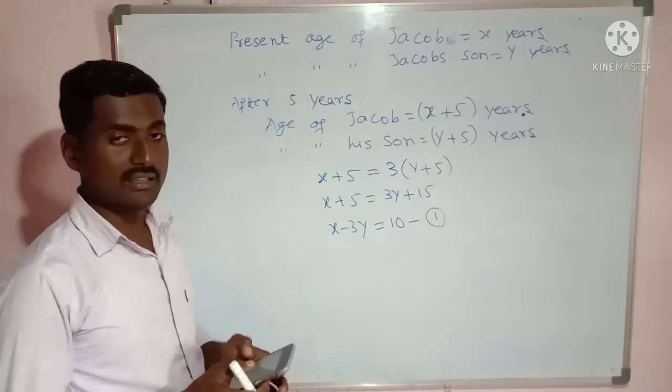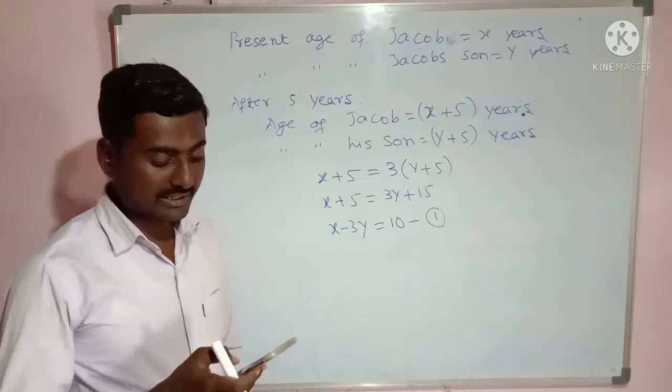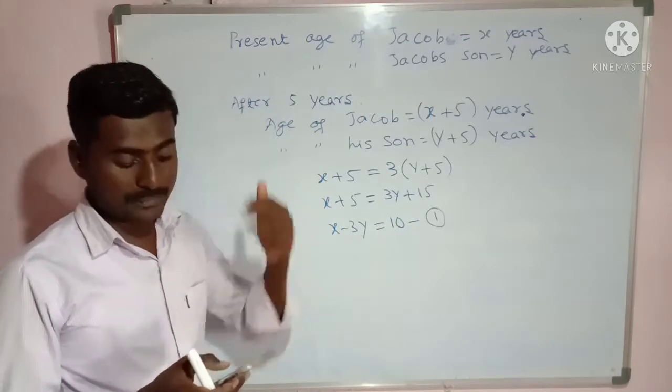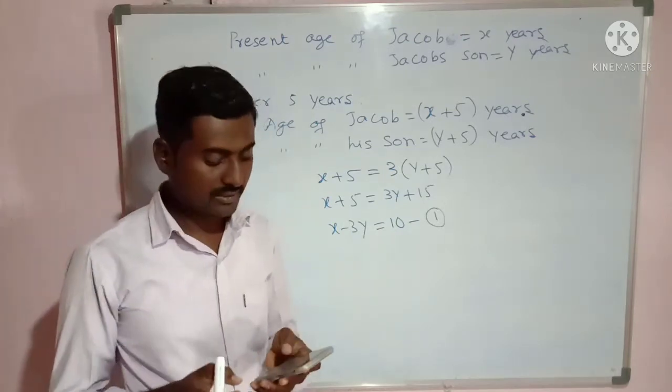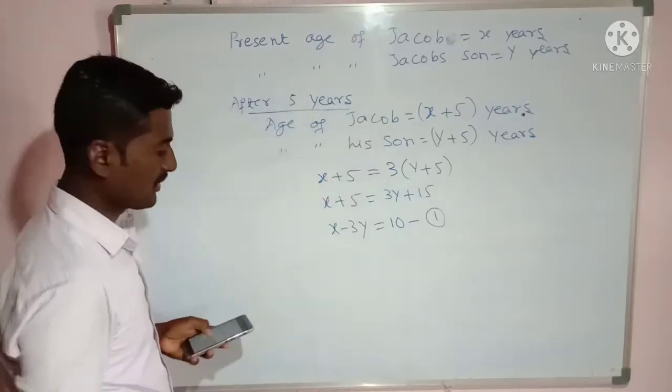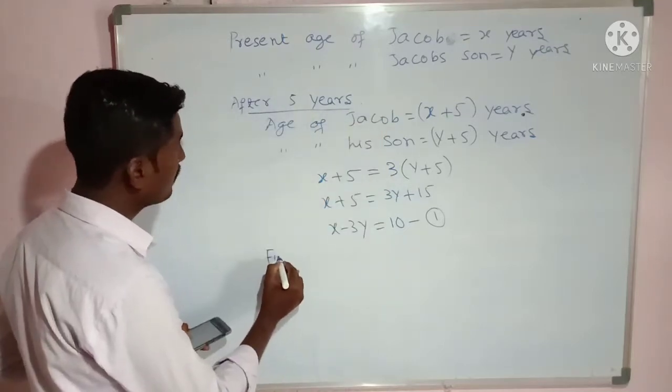Okay. Now you can see the second condition. What is that? 5 years ago means 5 years back. So what are the ages of Jacob and his son 5 years ago?